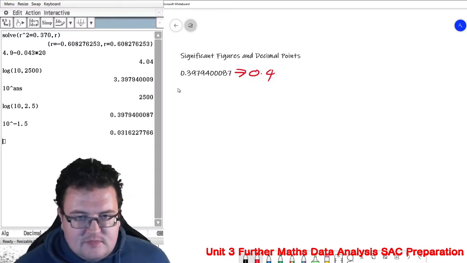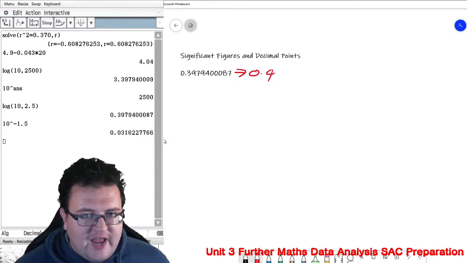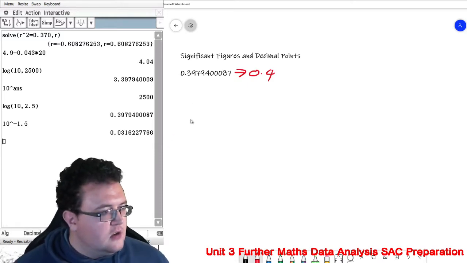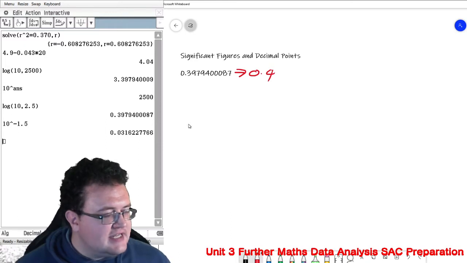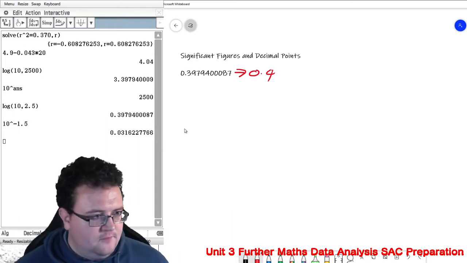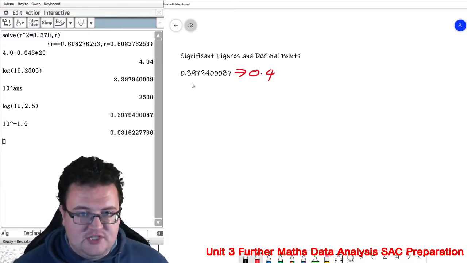Now, if I was to say 3 significant figures, how is that different? Is that different to saying 3 decimal points?